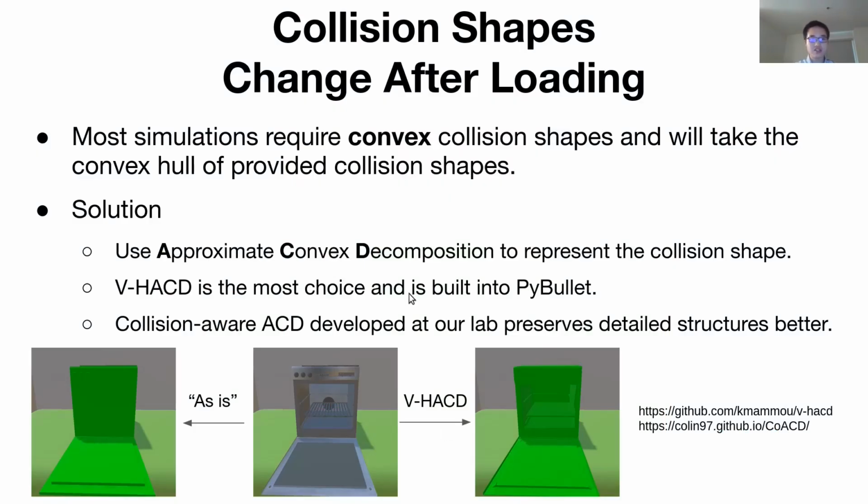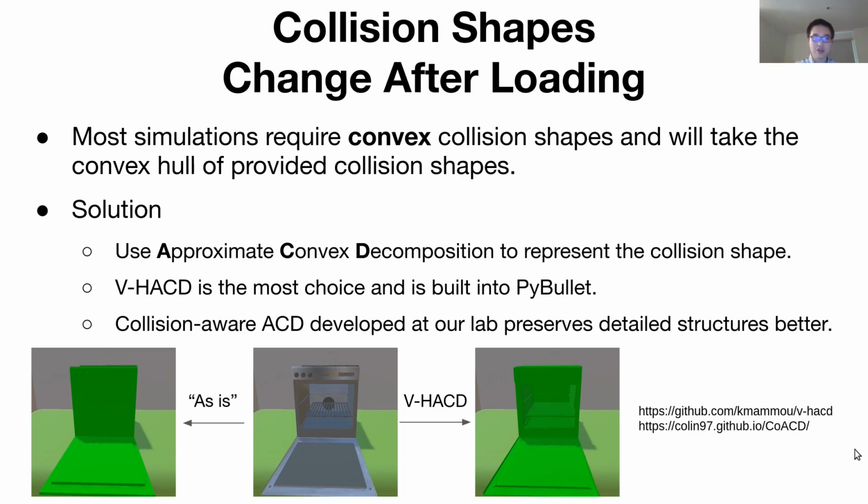And the solution to this case is to use an approximate convex decomposition algorithm to decompose this kind of visual shape into many convex parts so we can do the collision detection. And VHACD is the most common choice, and this algorithm is built into PyBullet. In our lab, we've also developed a collision-aware ACD algorithm that would preserve detailed structures better. And the links to these algorithms, I put them down here.